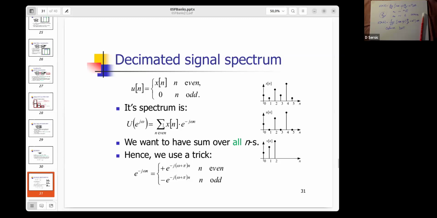We would like to have the same equation as before, where the sum goes over each and every n. So we are going to make a trick. This is the killer trick. e to the power of minus j omega n is equal to the same one when shifted by pi. And when you shift it by pi, it changes the sign.